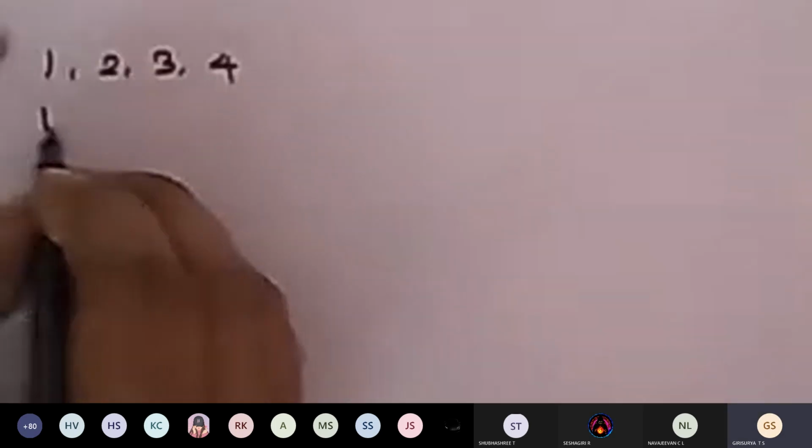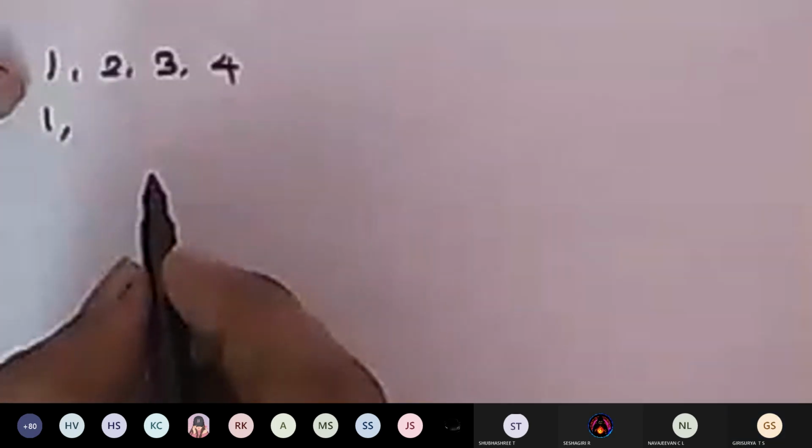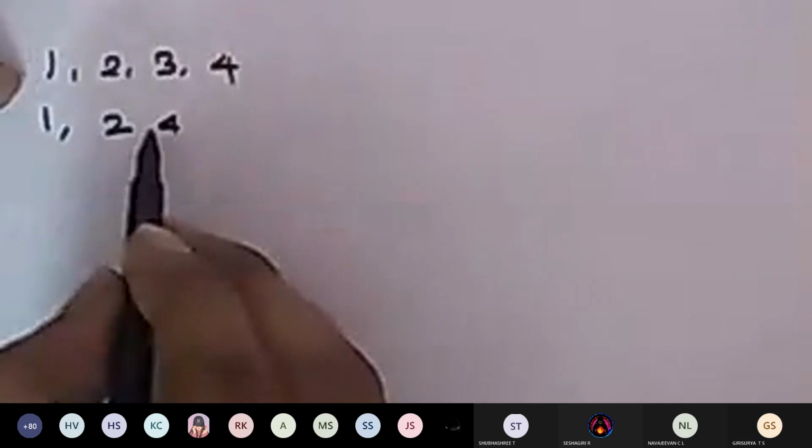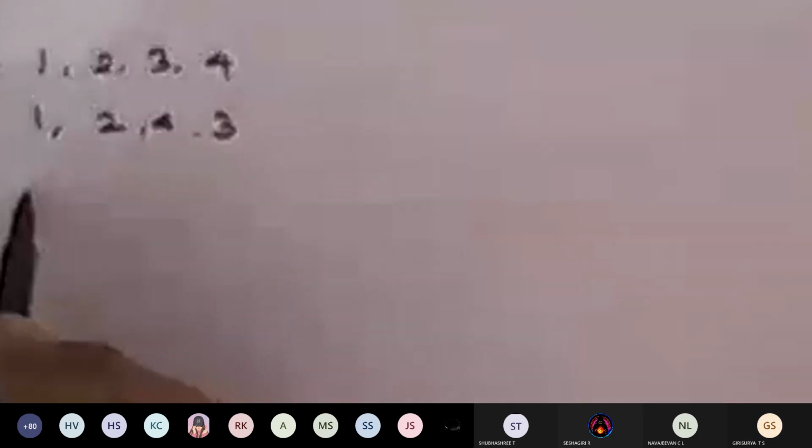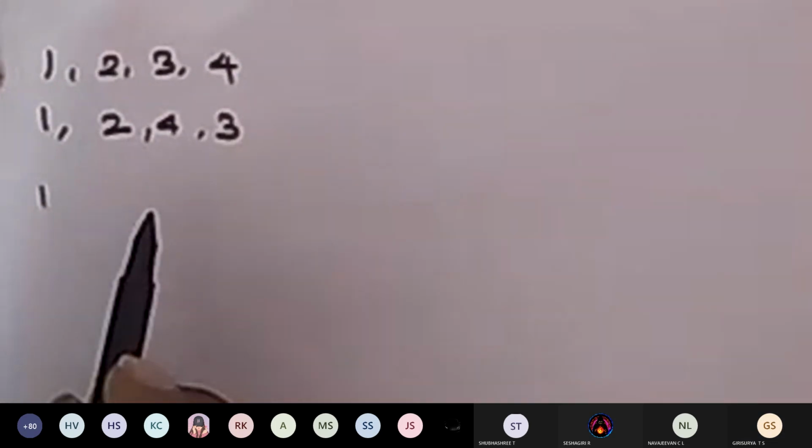Again start with 1 and we change the last 2 digits alone. So 1, 2, 4, 3. Then 1, 3, 2, 4.